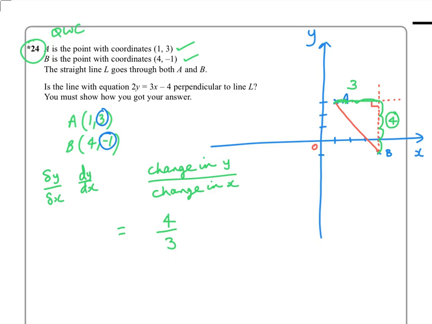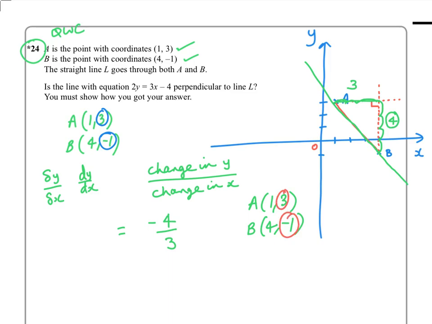And was the line going uphill or downhill? So if you extend this line here, is it going uphill or downhill? Well, it's going downhill, so it's got a negative gradient. So that's one way of helping you. Another way is if you write the coordinates here on top of each other, and you do the difference between 3 and -1.